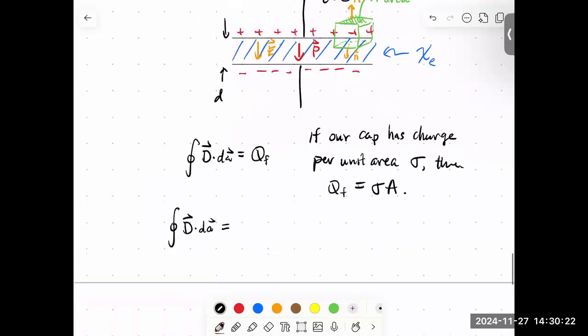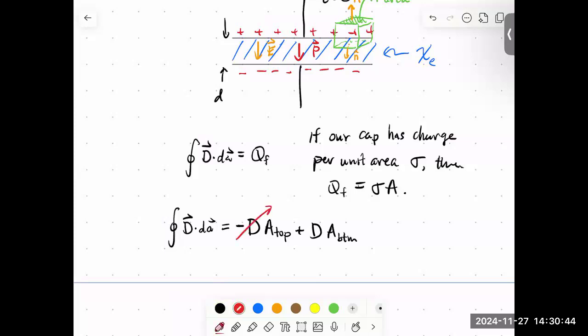So we could, if we wanted to, write this as D times the area of the top plate, and I'll put a minus sign because those are going to be anti-parallel, plus D times the area of the bottom plate.